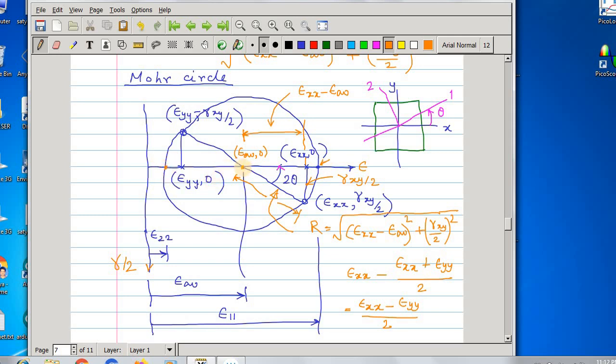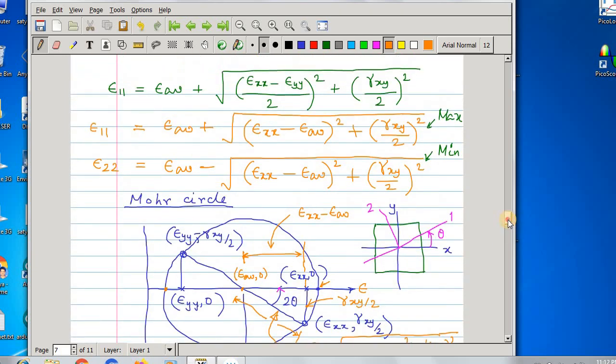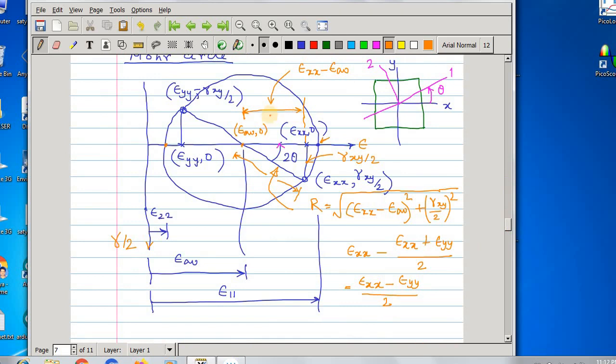This is epsilon average minus r. So epsilon 1 is epsilon average plus r, and this is epsilon 2. So these are called the principal strains. Whatever you get from your deduction is represented by the Mohr circle.